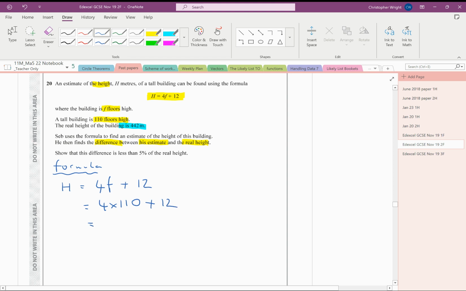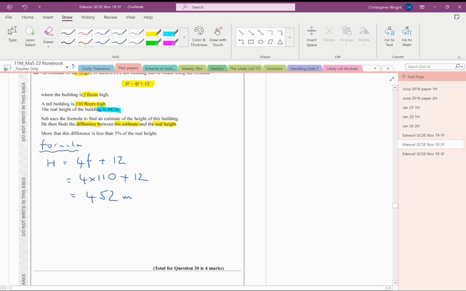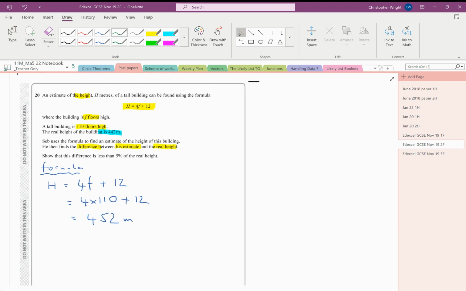According to the formula, the building has an estimated height of 452 meters. Now the actual height is 442 meters. Well, the estimate wasn't too bad, was it? It's only 10 meters out.